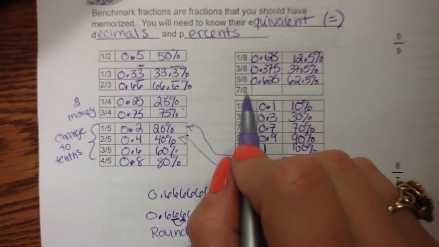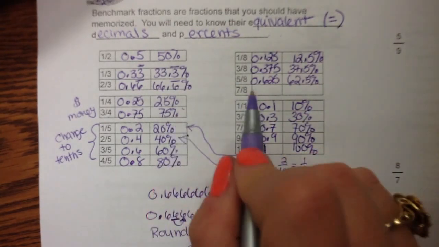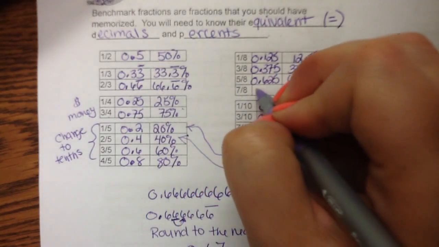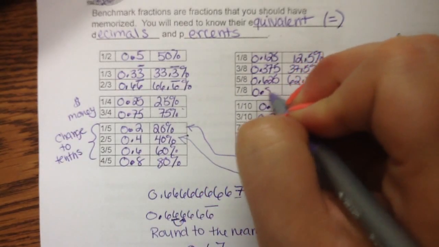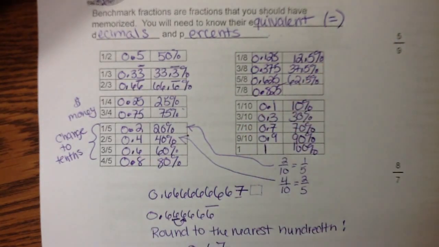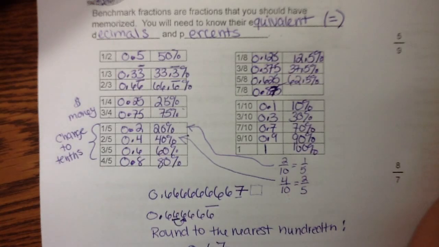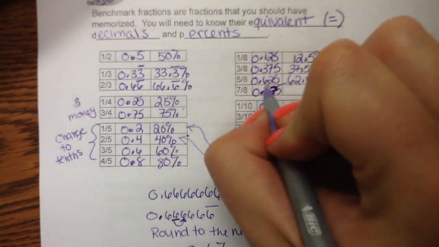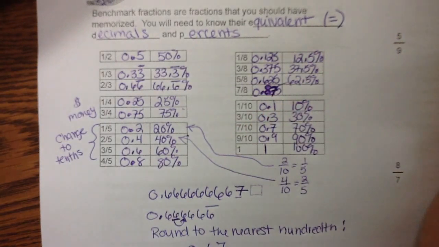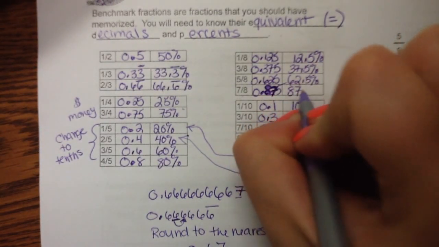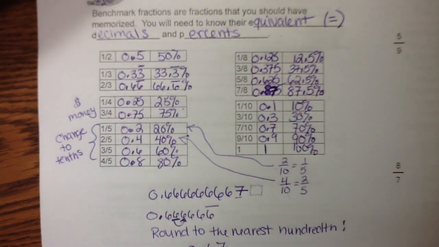And 7/8, we didn't include 6/8 because that's 3/4, so 7/8 is going to be 0.875, or 87.5%. So those are the fractions and decimals and percent equivalents that you should be pretty familiar with.